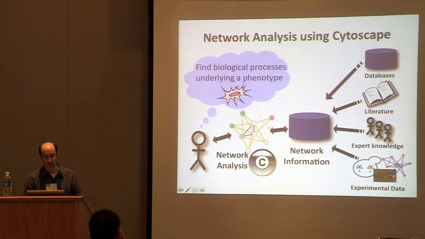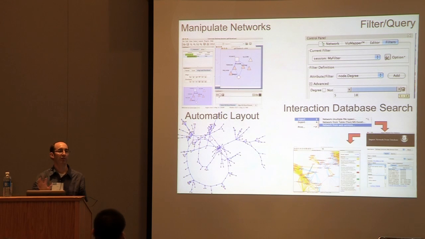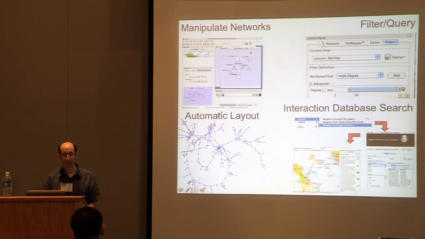So Cytoscape, by default, doesn't have a lot of analysis functionality. It's really about network visualization. It has ways of manipulating a network, so you can load up a network and move nodes around. It has a lot of different algorithms for automatic layout.